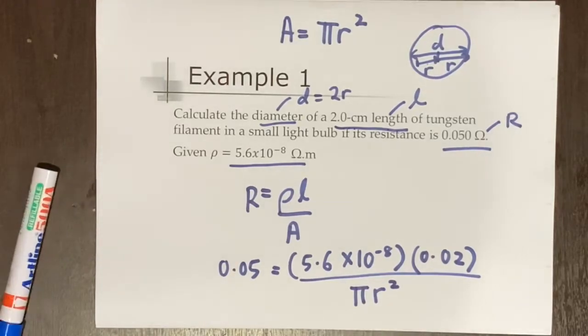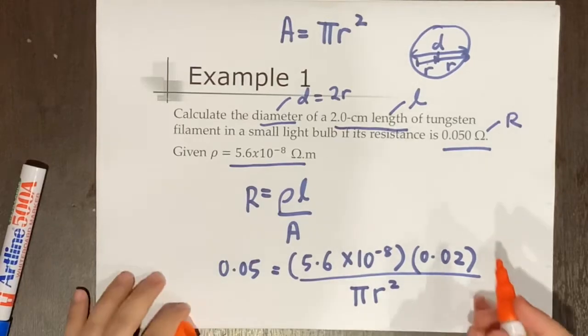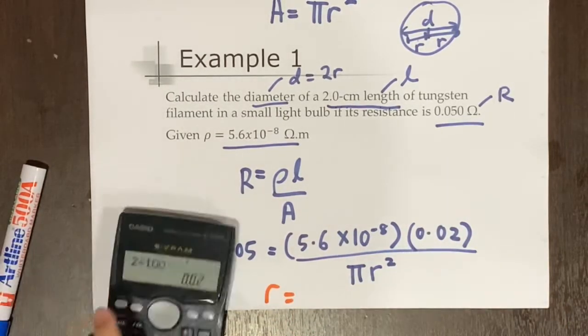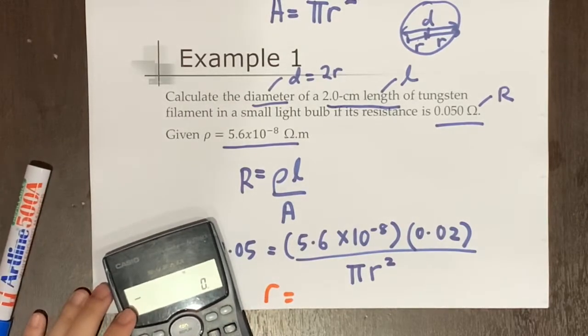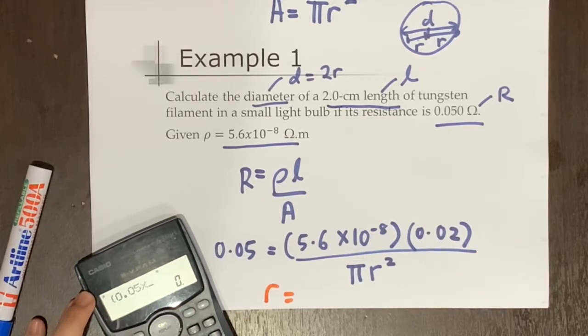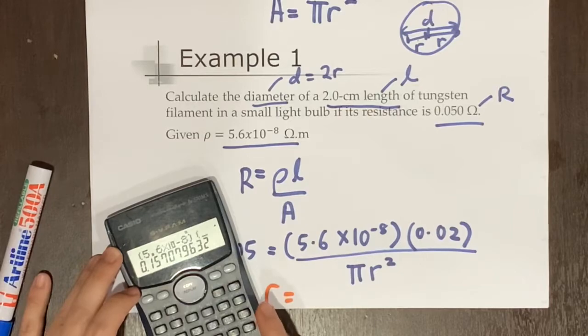Wait, I find the r first. r is equal to the square root of: 0.05 times pi, over 5.6 times 10 to the negative 8 times 0.02.